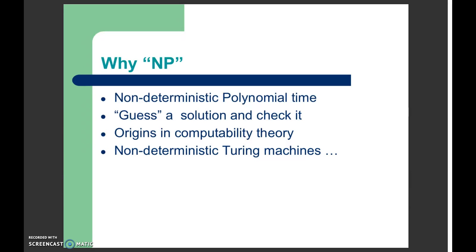The origin of this concept is from computability theory, that is, the non-deterministic Turing machine. You must have heard about them if you have read the theory of computation, but it is of no surprise if you haven't read it, as these problems are still a part of computer science.